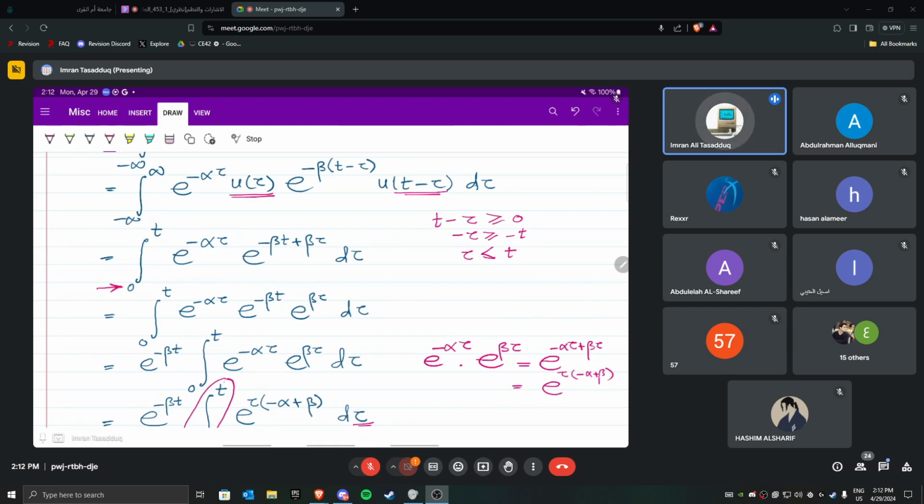So this decides the upper limit. In the previous question, we did not have this, so there was no upper limit for tau. But here, since we have it, we have to have t as the upper limit. Is it clear now? Yeah, it's okay.